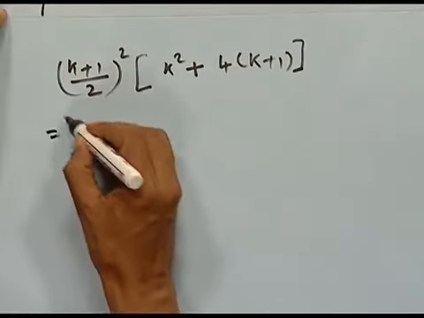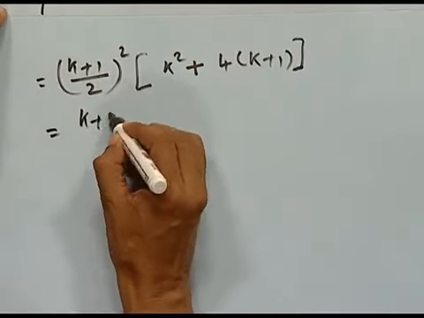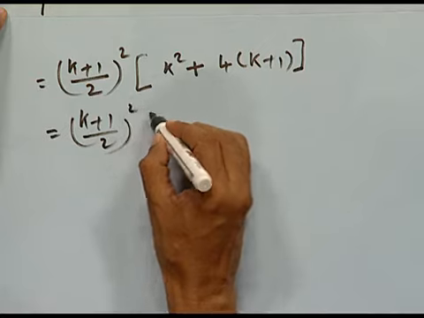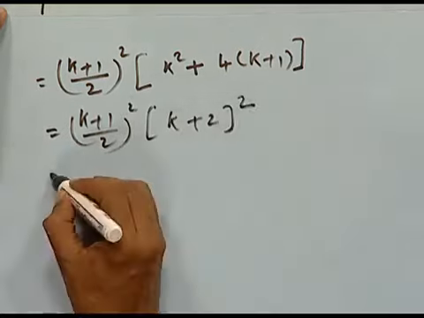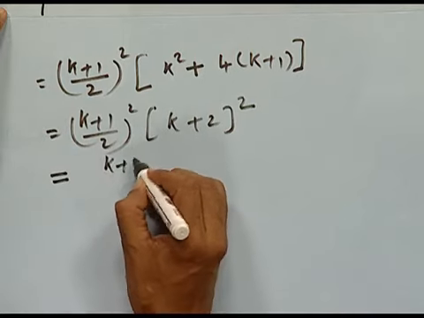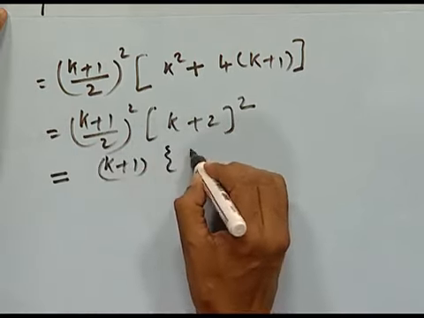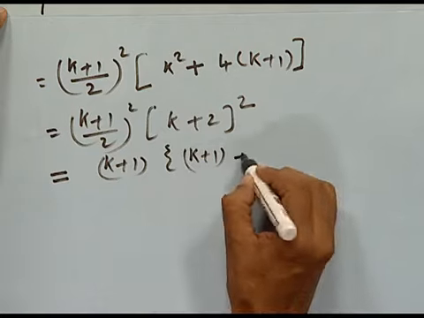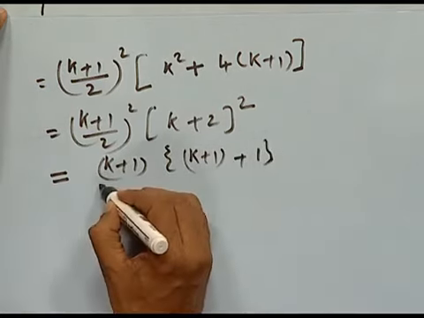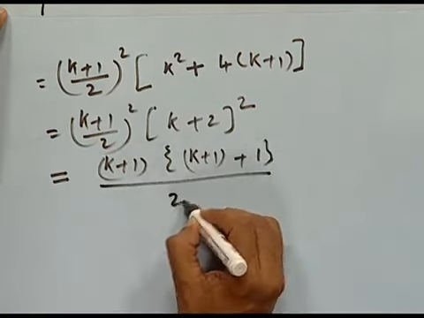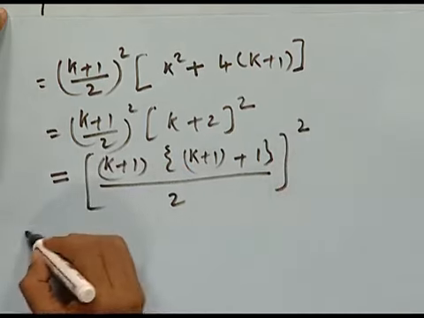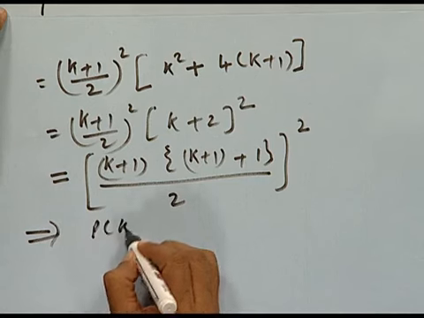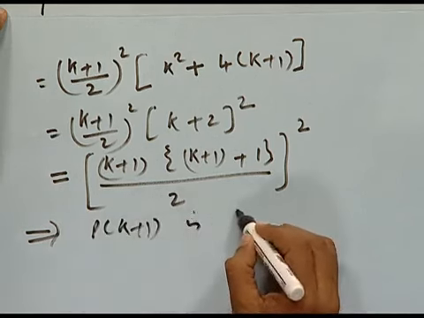This equals ((k+1)/2)² times (k+2)², which means it is ((k+1)(k+1+1)/2)². This means P(k+1) is also true.